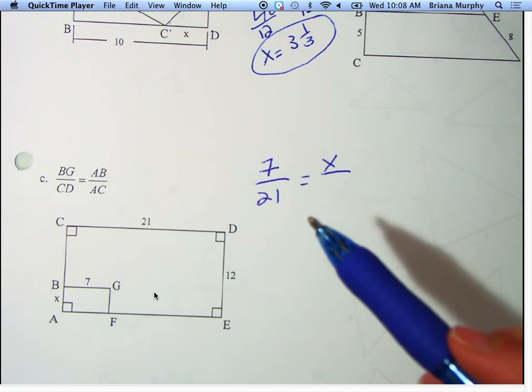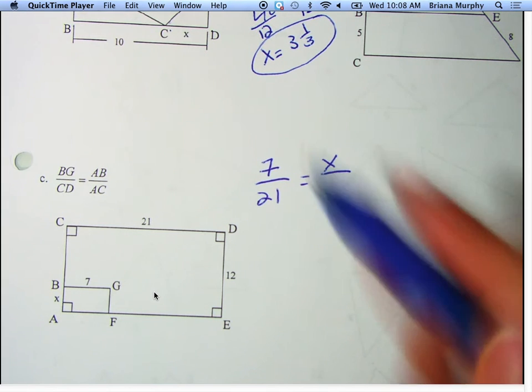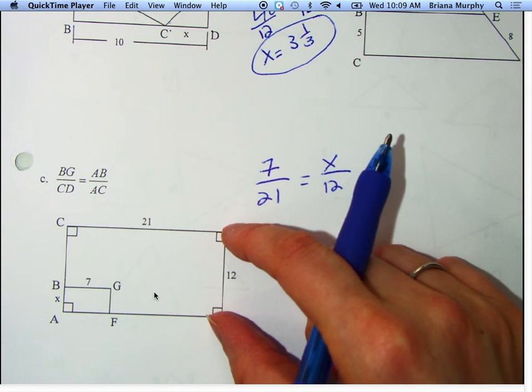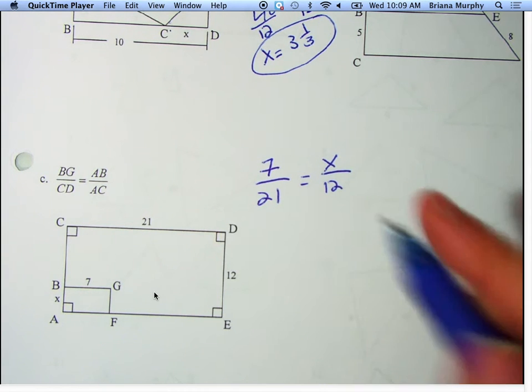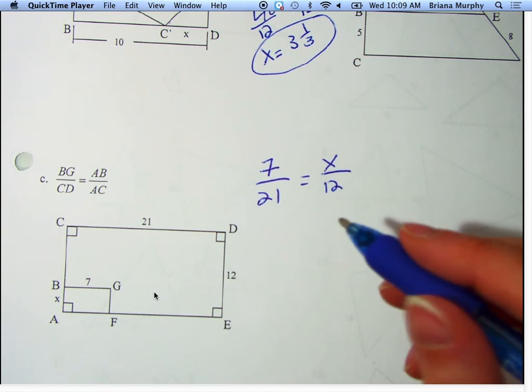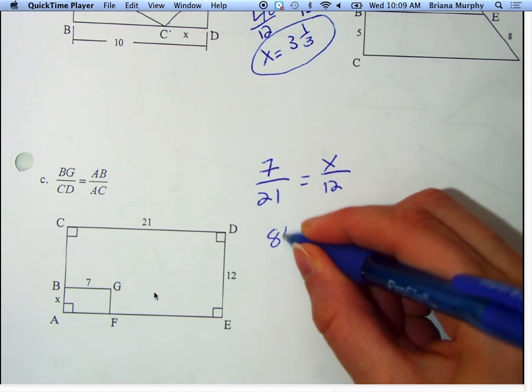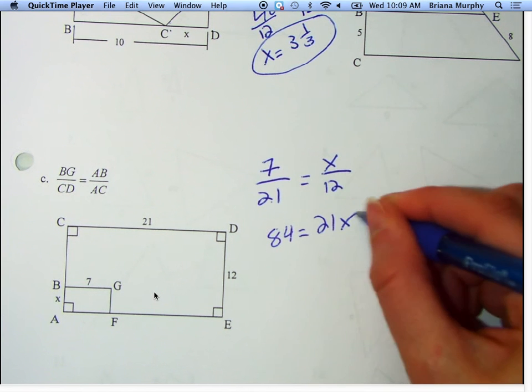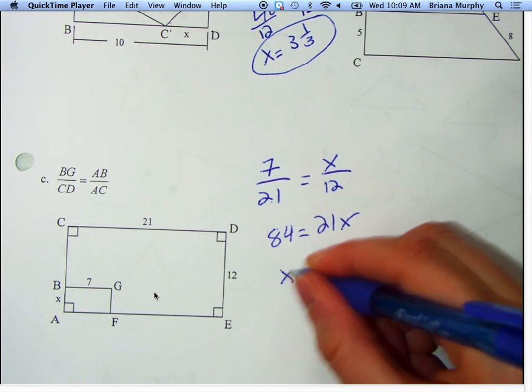Think about the fact that it's a rectangle. 12. Just plain old 12. Okay, because we want the whole thing. Okay? So 7 times 12 is 84. 21 times X is 21X. We divide by 21 and we get X equals 4.